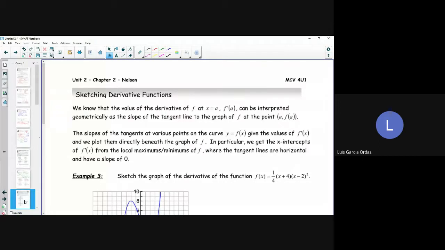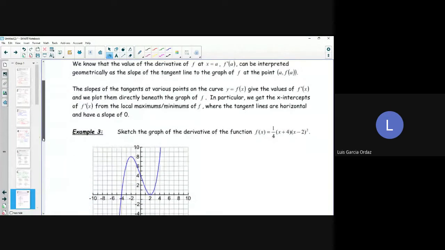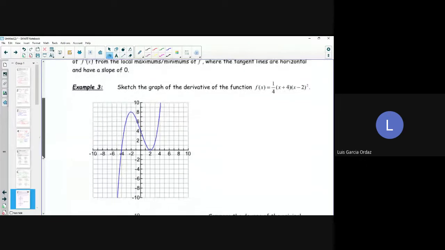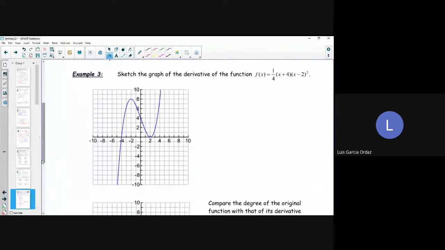So without doing any math, and by using this definition, we want to sketch the graph of the derivative of the function f of x is equal to 1 over 4, x plus 4, x minus 2 squared. So at what x values are my slopes 0 for this cubic function?